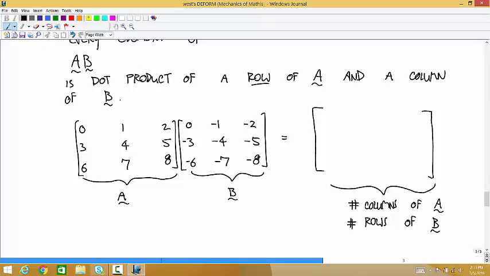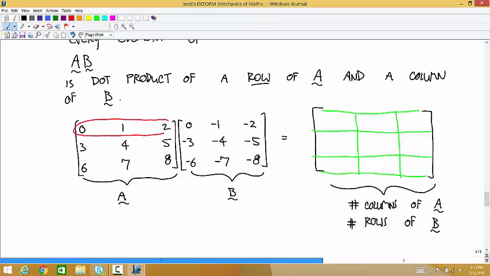Okay, so here are the 9 values we're trying to find. So to find this first one, we're going to take the dot product of the first row of A with the first column of B. So that's 0 times 0 plus 1 times -3 plus 2 times -6.